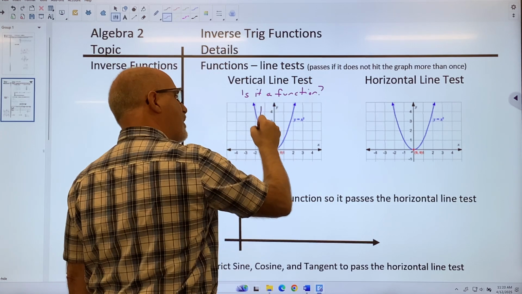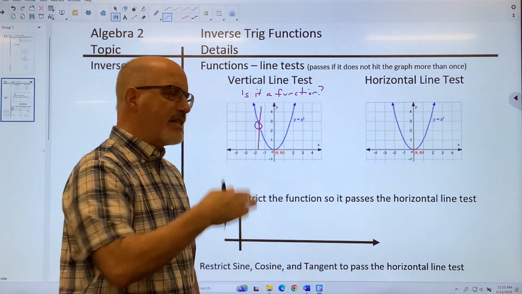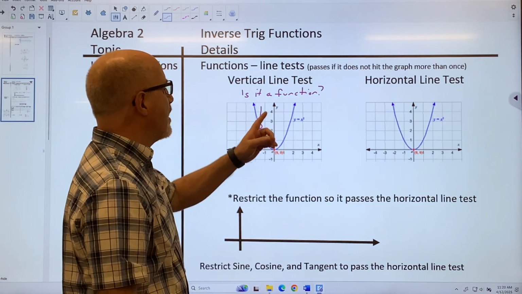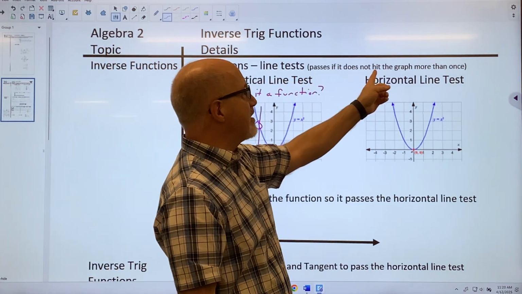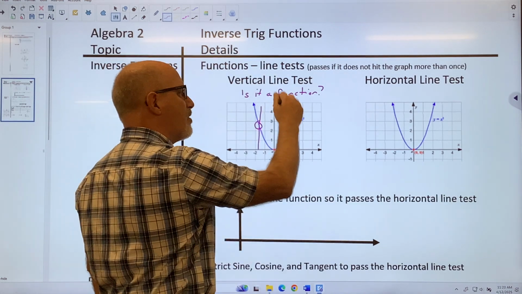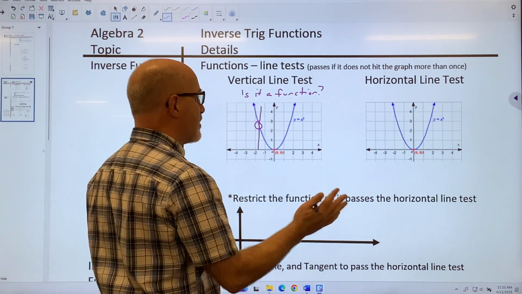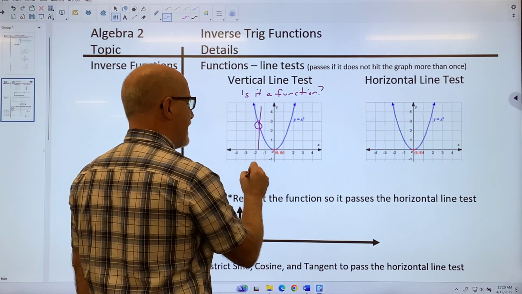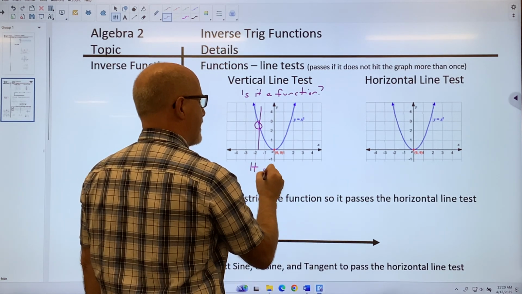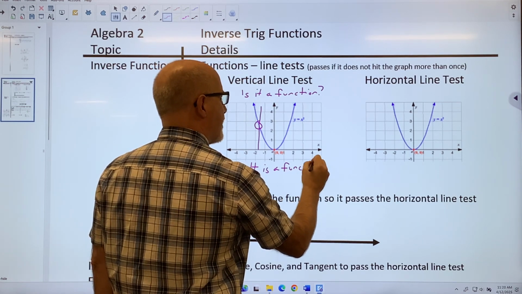And if you can draw a vertical line and only hit it once, every time, any vertical line you draw, notice that it passes if it does not hit the graph more than once. So any vertical line I draw here, I would only hit the graph once. So since this passes, it is a function. So y equals x squared is a function.